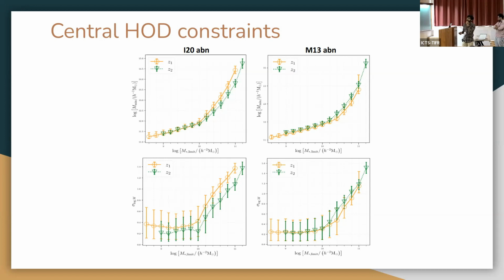So this is redshift bin 1 and redshift bin 2. What you are asking is why they evolve in redshift, particularly at higher stellar mass. I'm trying to compile all these understandings. I don't have a very clear idea of it, so let me think for a second, or we can chat later.